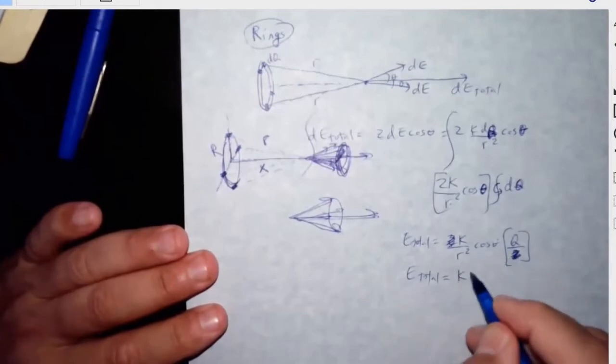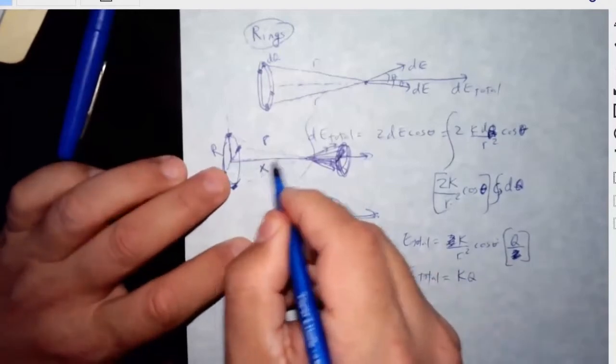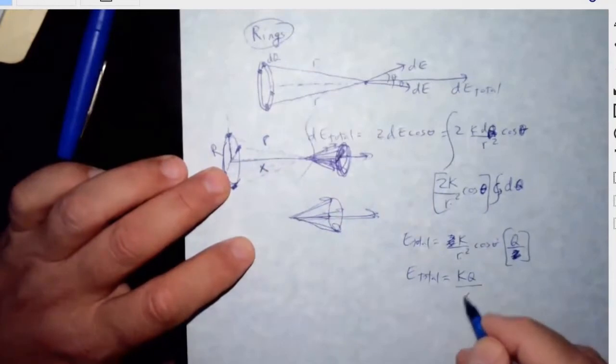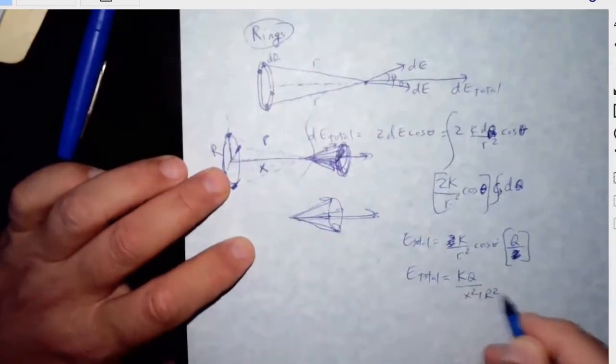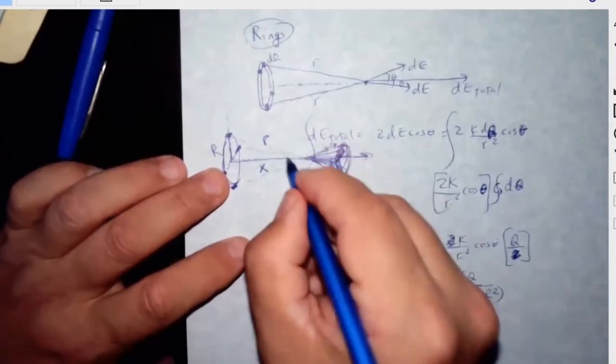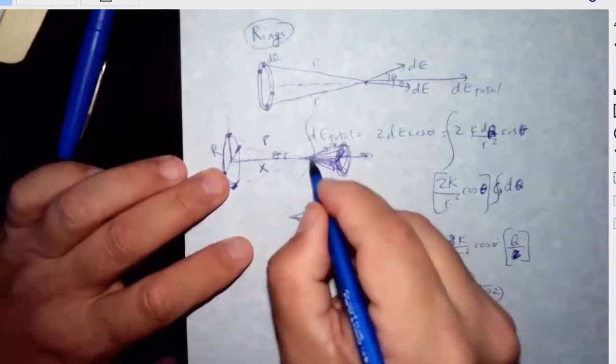So kQ, and how do I write r squared? R squared is going to be X squared plus R squared. That's already the r squared. And then cosine theta is going to be, this is theta, and it's the same as this theta.